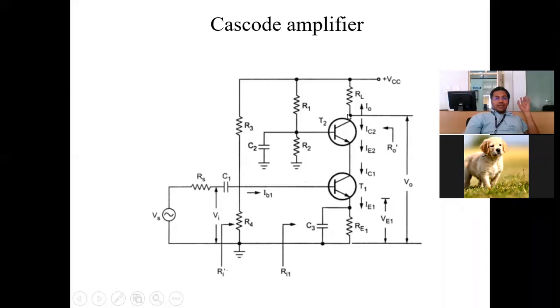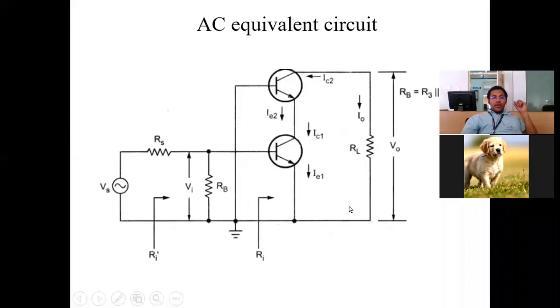And other end of RL is what? Grounded. Very good. Other end of RL is grounded. In simple words, RL is between this terminal and ground terminal. So I can draw RL from this point to ground.